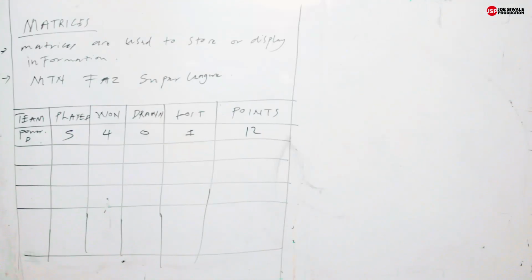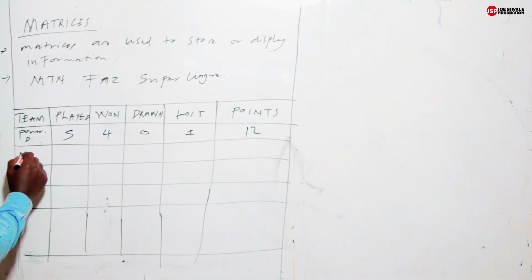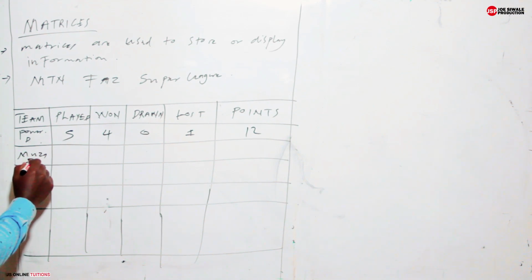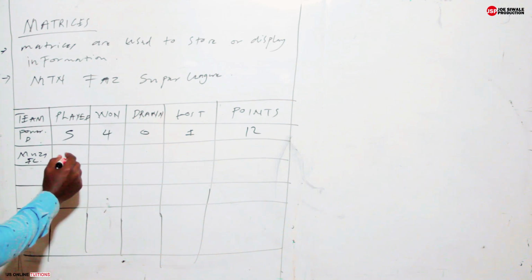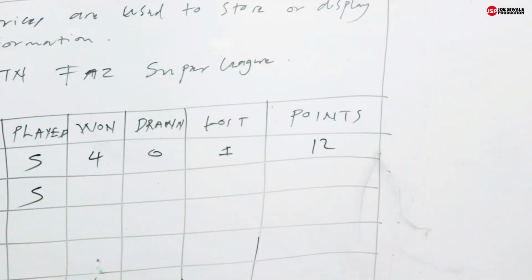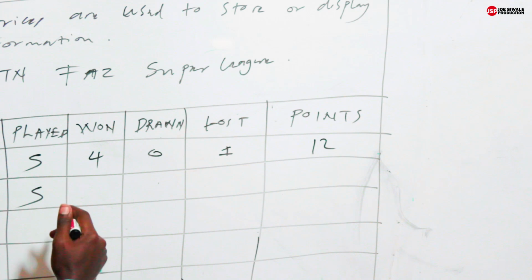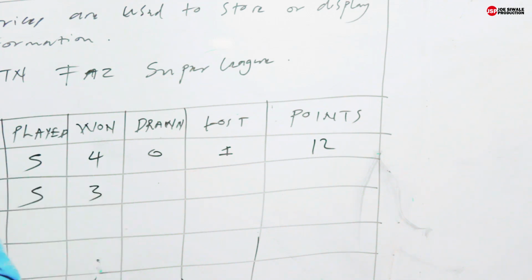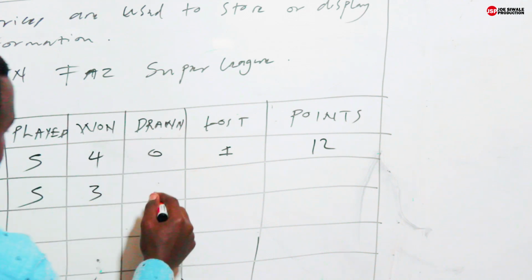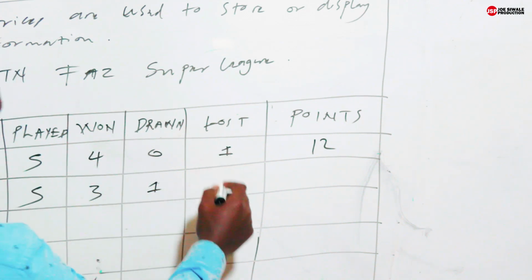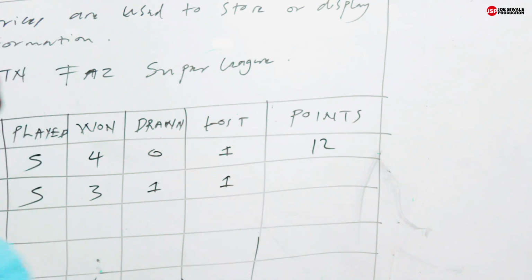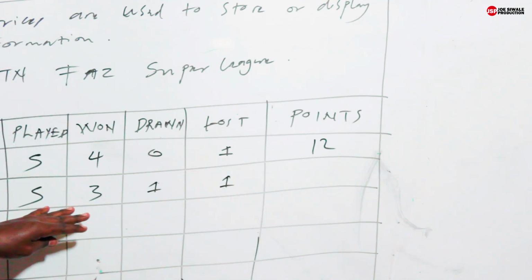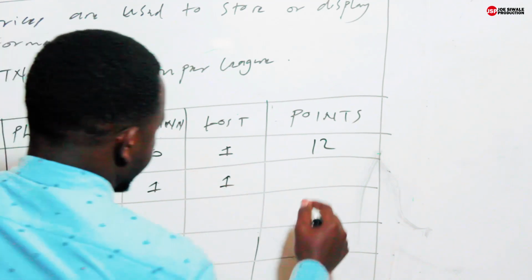Then we have Musa FC. Musa FC also played 5 games, won 3, drew 1 game, and lost 1 game. That means their number of points is 10.